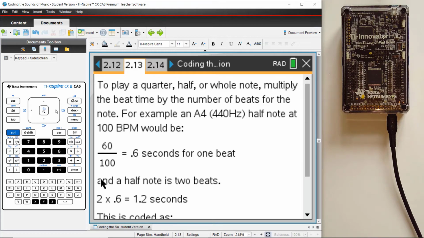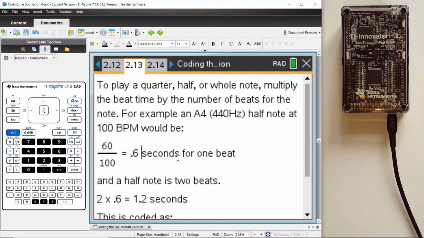So for example, A4 played for 440 Hertz. Remember that's what we did in the last challenge. We played A4 for 1 beat. If we were to do a half note at 100 beats per minute, the first thing we would do is calculate how long the beat lasts. Well, remember our formula, 60 divided by the number of beats per minute.